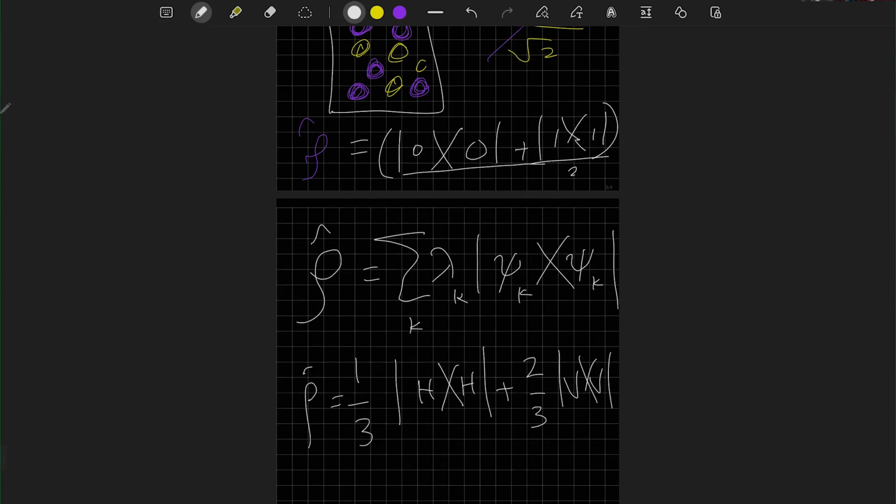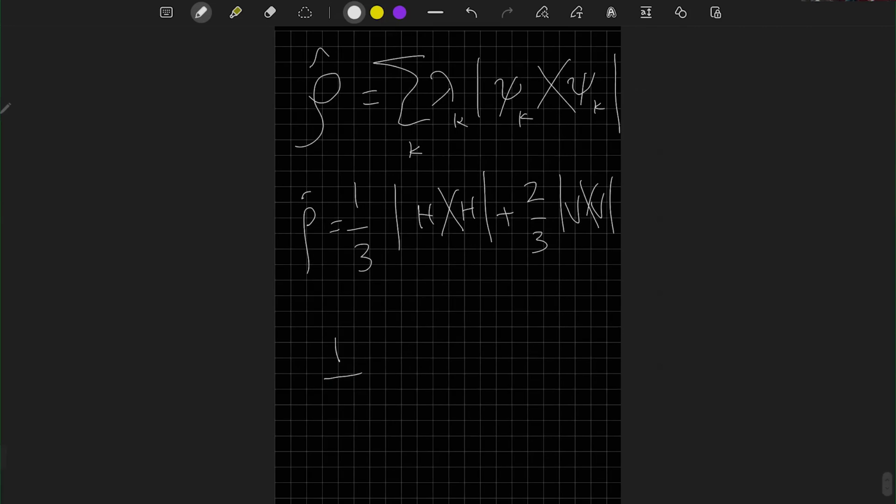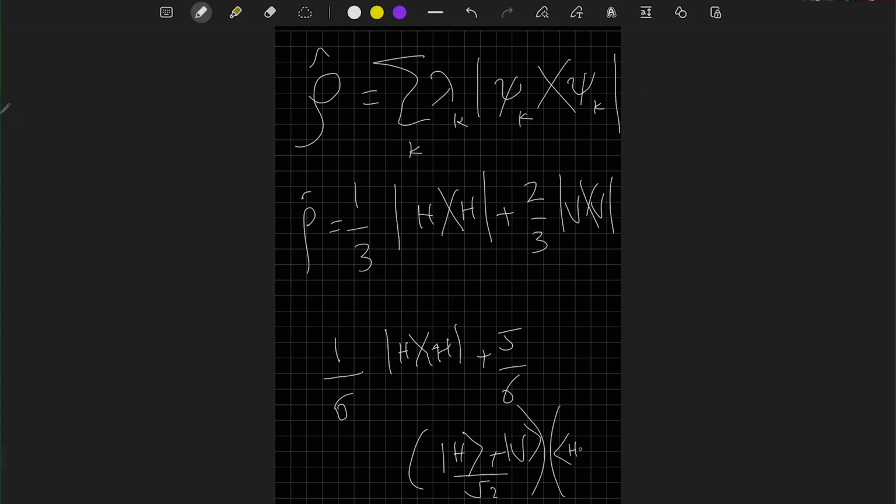And so on. I can have 1/6 of a superposition state, ket H plus ket V over root 2 with its bra, and 5/6 of ket H bra H. So I can combine pure quantum states together and even combine mixed quantum states together to form an overall density operator.